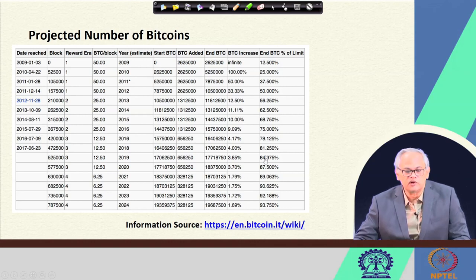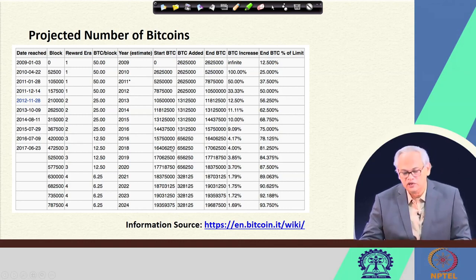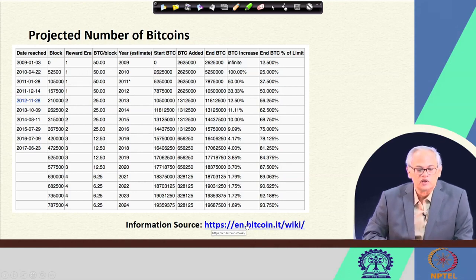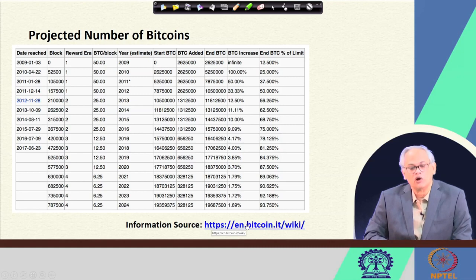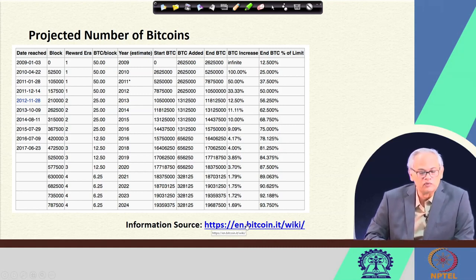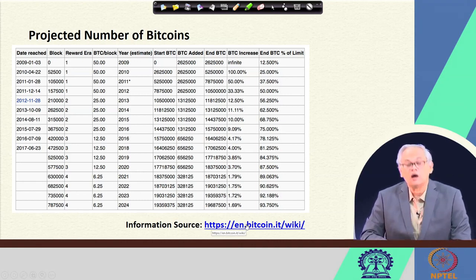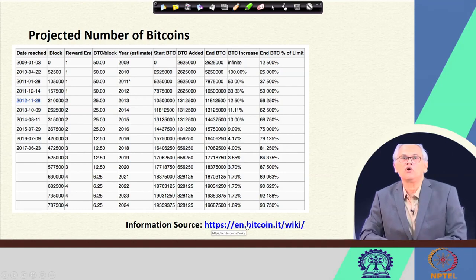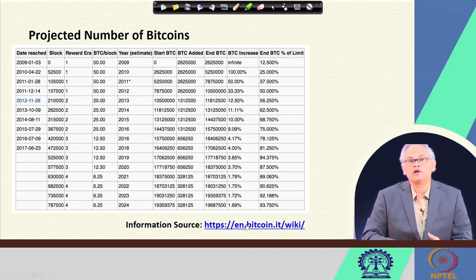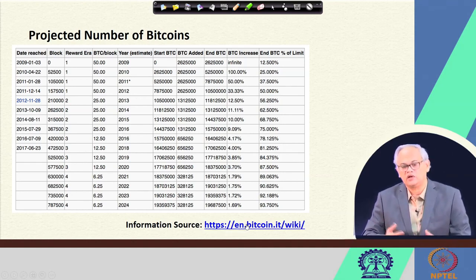If you see this particular diagram, you can also go to this internet source. Initially it was 50 bitcoin per block, and then it was reduced to 25 after about 4 years, and then 12.5 and so on, and now it is 6.25, and in 2024 this will be reduced to 3.125, and then further reductions.